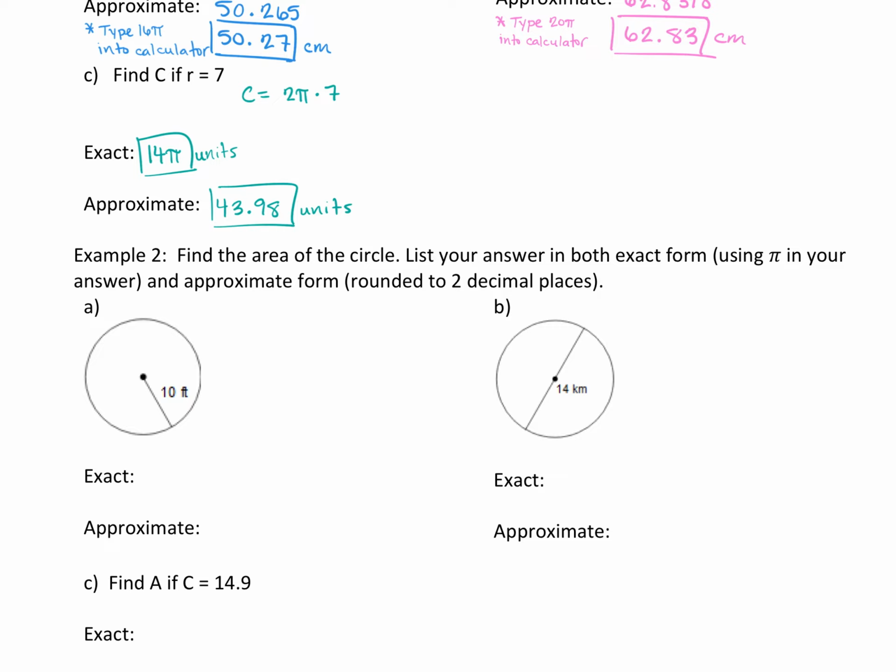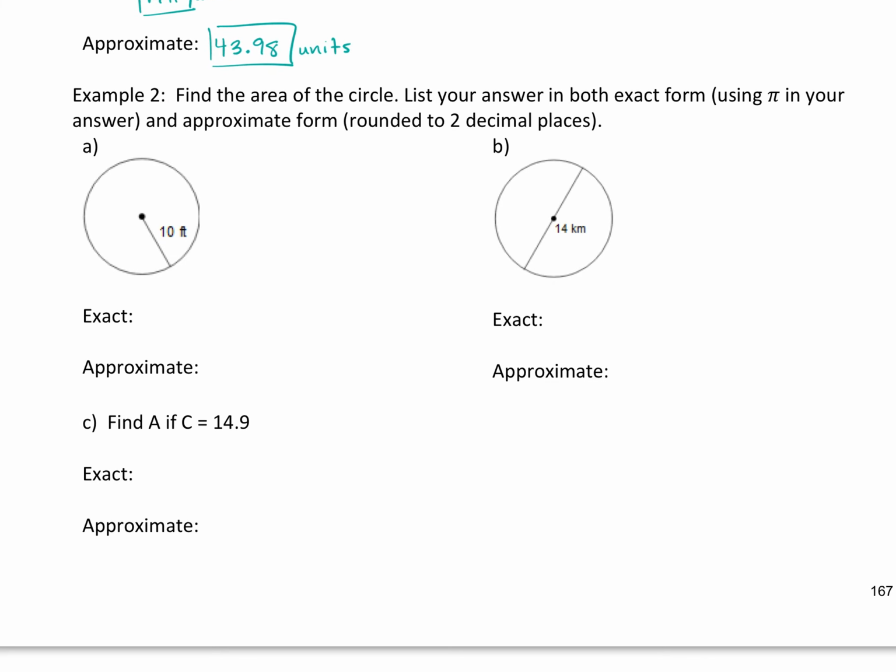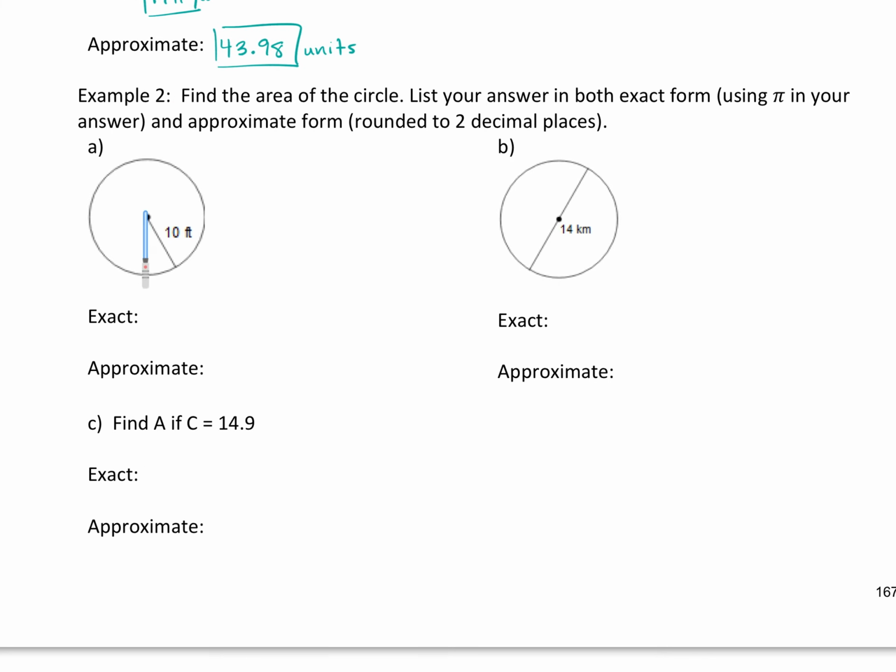Now let's do some examples where we find area. For this circle, the radius is 10. So r is equal to 10. The area formula is pi r squared. And so we have pi, and then 10 is the radius squared. And 10 squared is 100. And so for the exact, we have 100 pi.